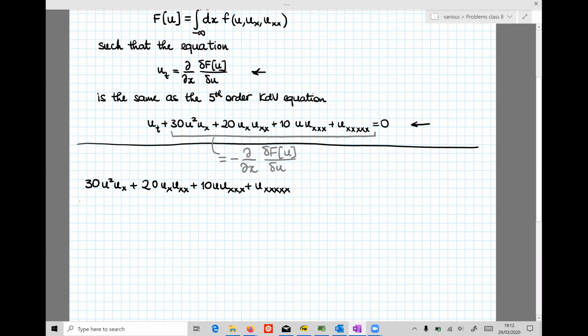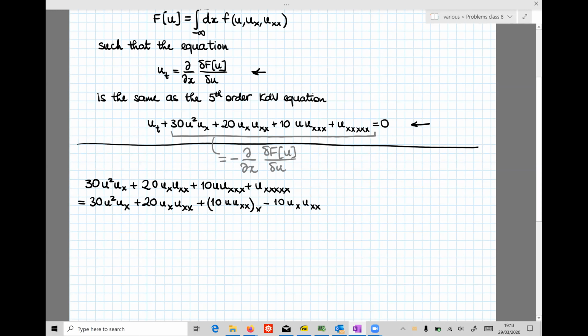So let's do that. First I'll copy the other terms. So we have 30u squared u_x plus 20 u_x u_xx. And then I'm going to write 10u times the third derivative of u as 10 u u_xx, all differentiated with respect to x, plus, well, actually minus 10 u_x u_xx.